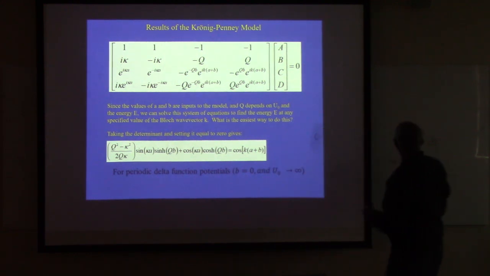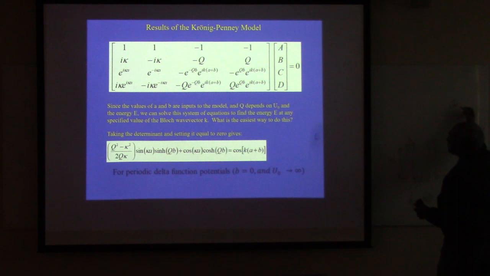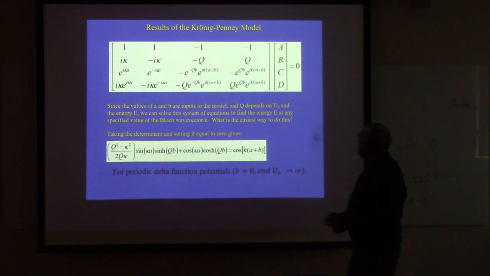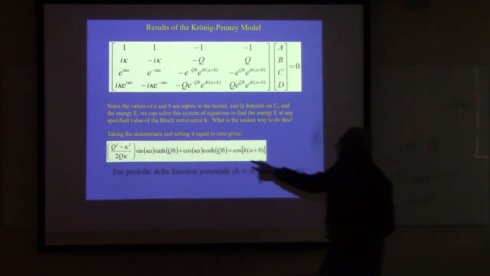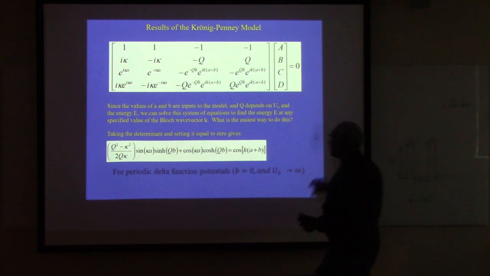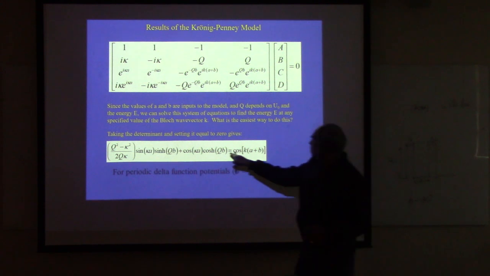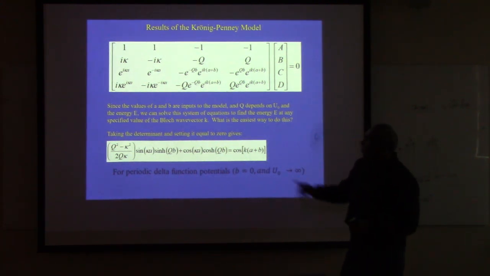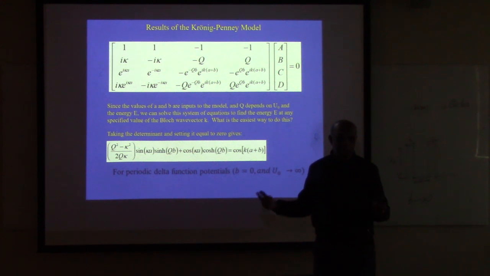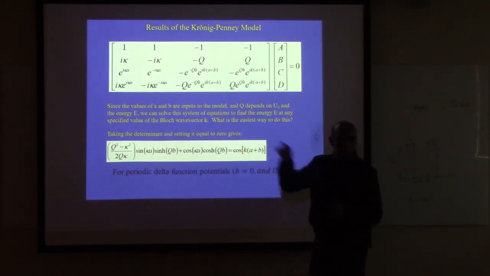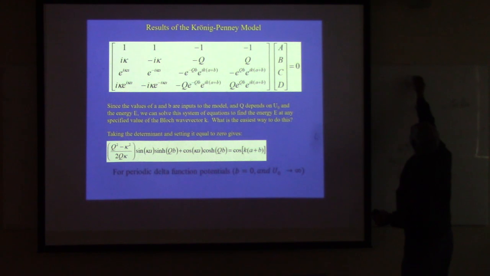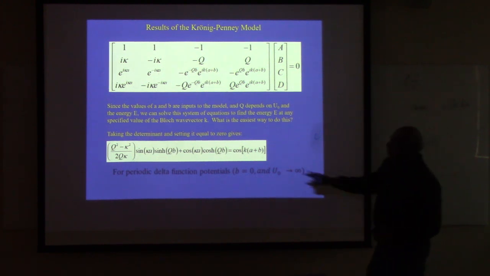If you do that, you can make some approximations. With b equal to 0, the right side becomes cosine Ka, that's fine. On the left, we have cosine kappa a, and here cos qb. When b goes to 0, cos becomes 1, because that's basically e^(ix) plus e^(-ix) divided by 2, and at x equals 0 this becomes 1.